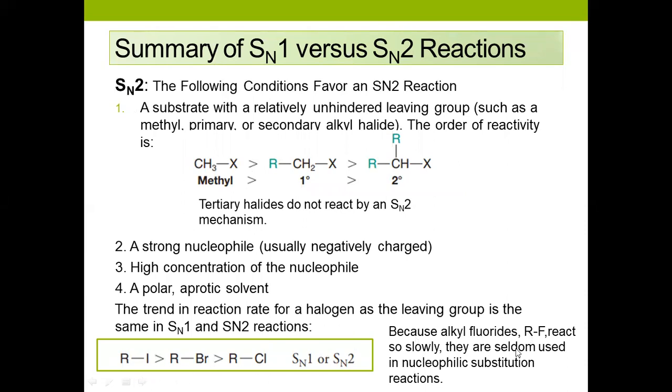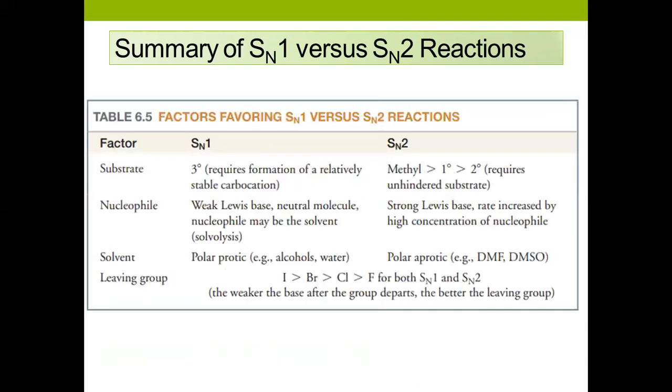Because alkyl fluorides, RF, react so slowly, they are seldom used in nucleophilic substitution. So we don't use fluoride as a leaving group. Okay, that's it. And so this is the summary of the SN1 and SN2 reactions.